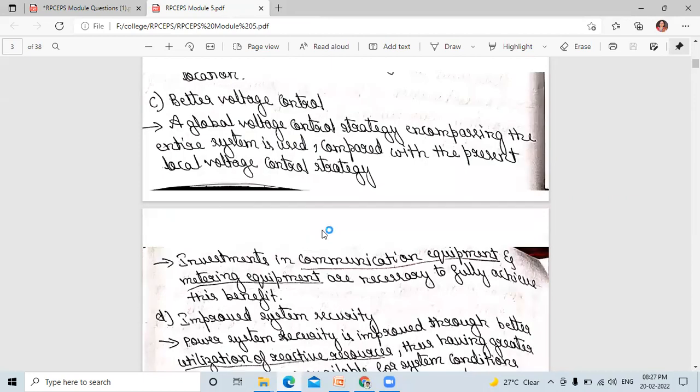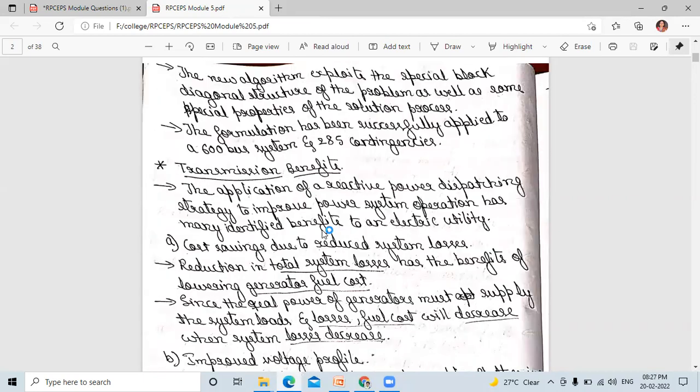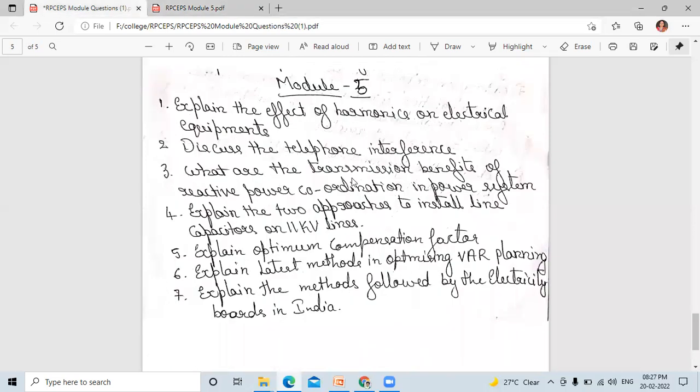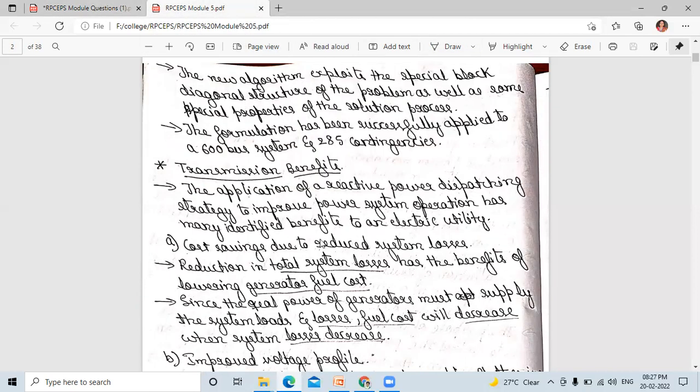You need to explain regarding that particular point. Transmission benefits is also an important question. What are the transmission benefits of reactive power coordination in power system? So now you came to know, right? Third question answer: you need to mention the 6 points and explain them.